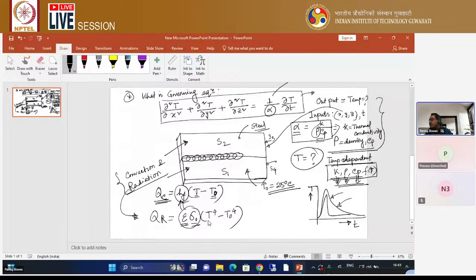I have discussed that in detail. If you go for laser heating only, not laser welding, you can use a simple Gaussian distribution of two-dimensional heat flux.